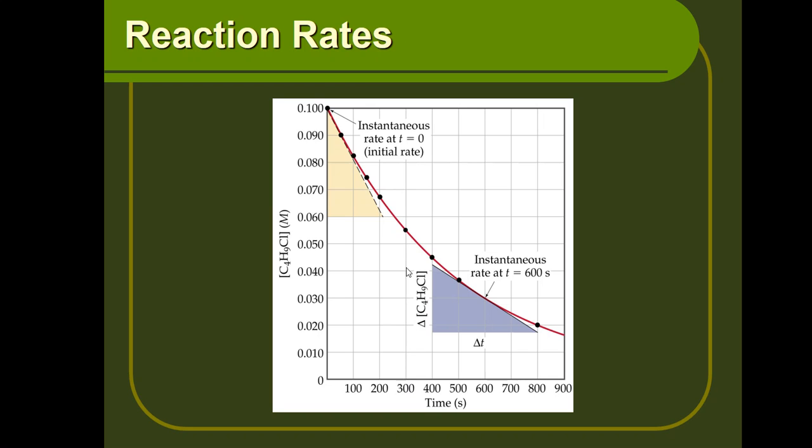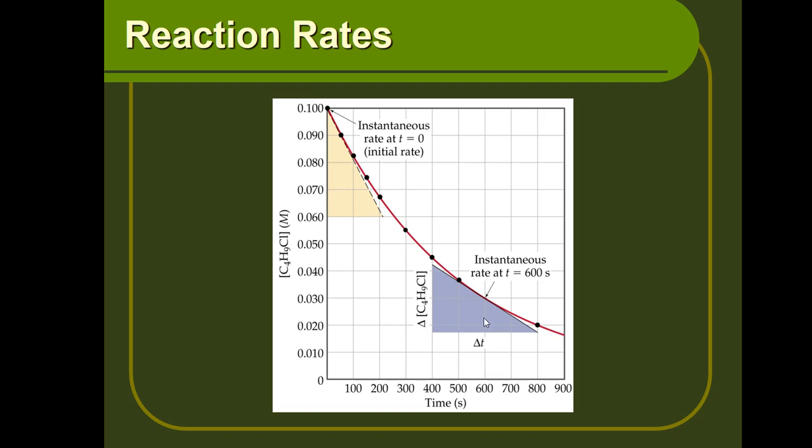You go up until you reach the curve that you have drawn. And then you draw a line that is tangent to that point where you have projected the time at which you want to know the instantaneous rate. The instantaneous rate will be the slope of that line that you have drawn. In this case, there are two examples shown here.